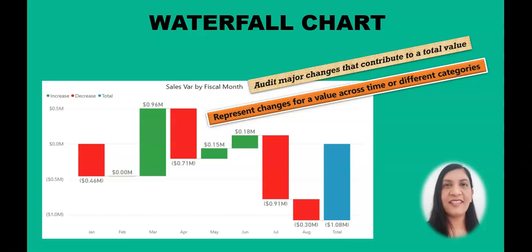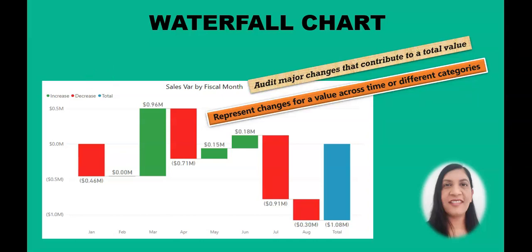The green shows that my sales increased compared to last year, and the red bar shows my sales decreased compared to last year. As I mentioned, it represents the changes for a value across time or different categories. It also allows you to audit the major changes and possible contributors to the change.